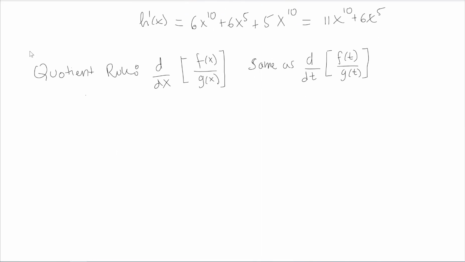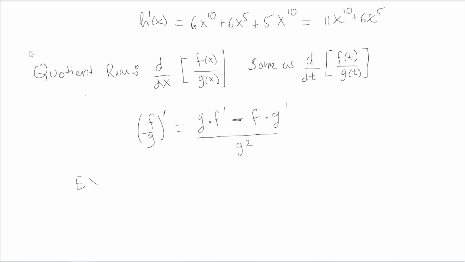So the quotient rule essentially says the derivative of a quotient is going to be the bottom, so g times f prime. This is what I called in class low d high, so derivative of the top, minus, for the quotient rule is minus, so low d high minus high d low over the bottom squared.